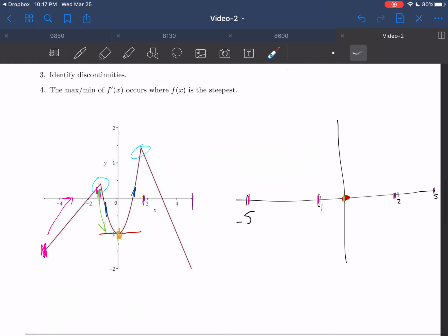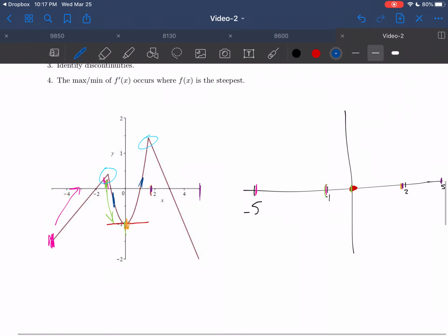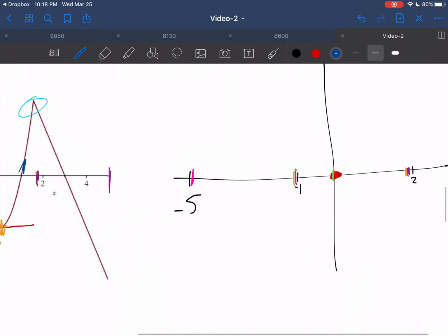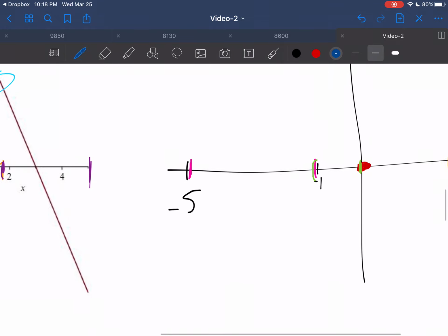All right, so now we've got all of that, we can start to fill in our graph. We'll start with the min and max. Okay. So we know on our interval here, my function is decreasing, so it'll be below the x-axis. So that means this point will be a min. Mins will be below the x-axis. Okay, and we also know we have to intersect here. All right, so I can draw in this chunk.